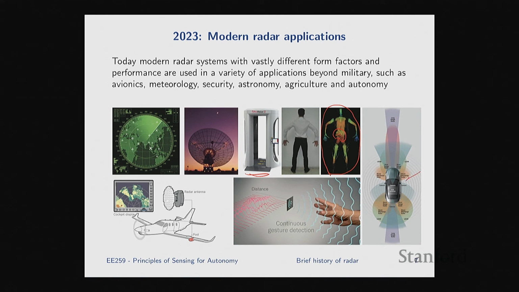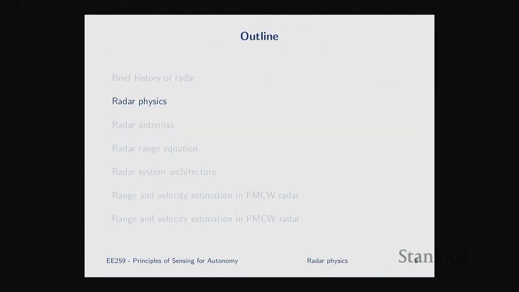Cars have radars today, just for collision avoidance and other things. But it's everywhere, modern day radar. It's deployed very widely. So we're going to do the usual thing, start with the physics.